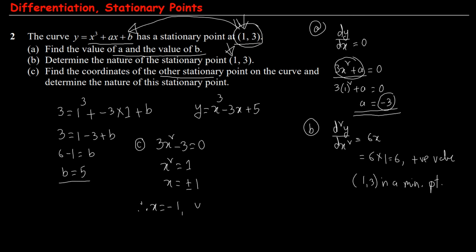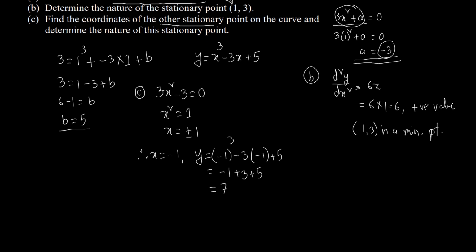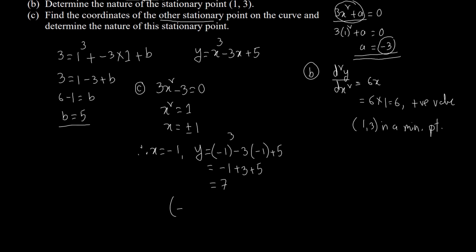Now we need to find the y value by putting this in the main equation. Minus 1 cubed minus 3 into minus 1 plus 5. From here you can write minus 1 plus 3 plus 5, which is 7. So our second coordinate is (minus 1, 7).